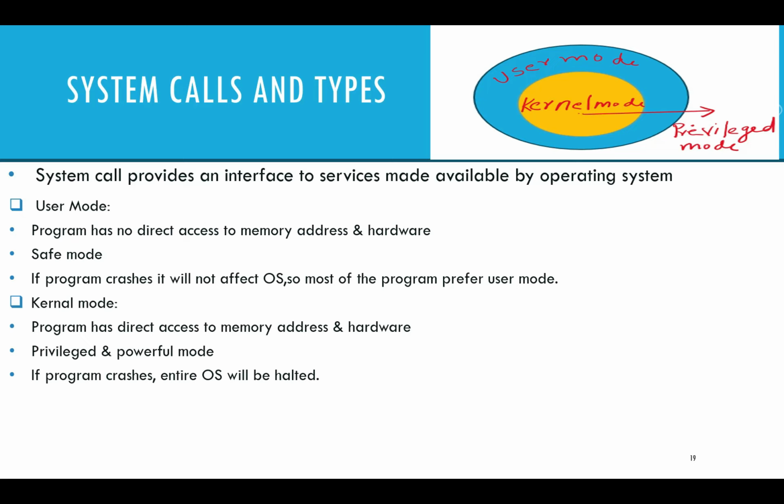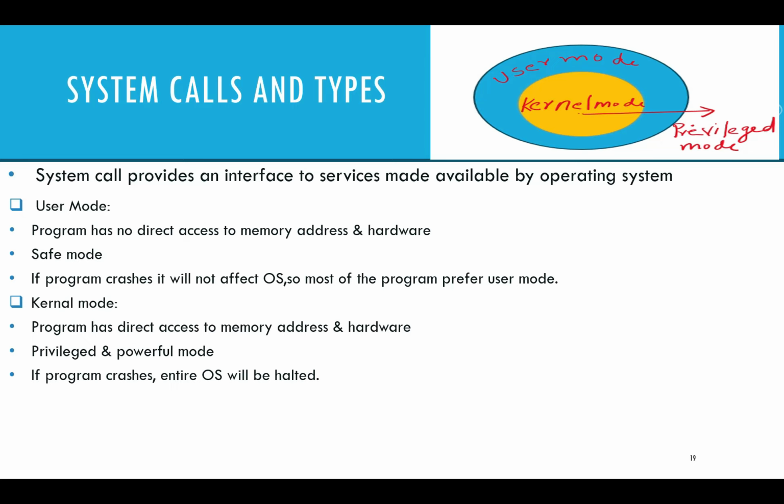But the problem is that when a program executing in kernel mode crashes during its execution, the entire operating system or computer system will crash or come to a halt. Even though the program has no direct access to memory addresses and hardware in user mode, if it crashes here, it will not affect the operating system. So the entire system will not halt or crash.